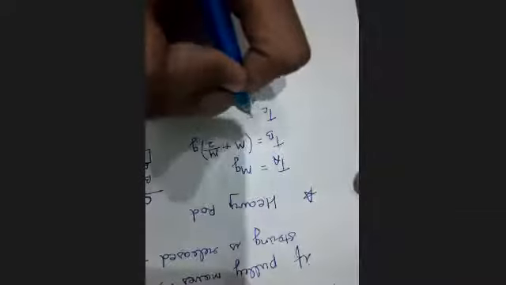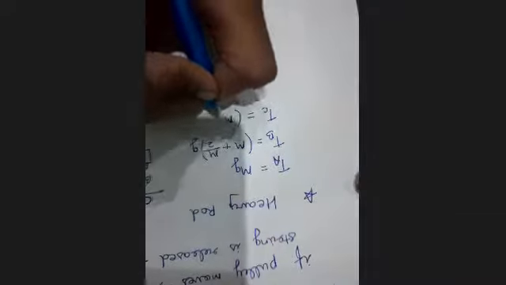To find tension in B, the formula will be (M + M/2)g. And to find tension in C, (M + M)g. So by using this, we can solve a problem of heavy rod.